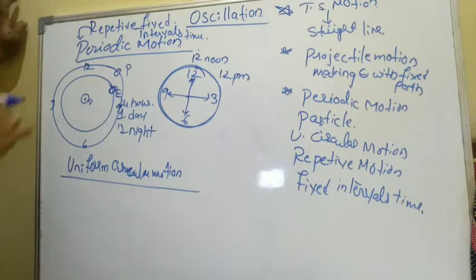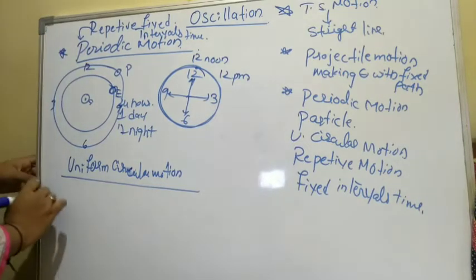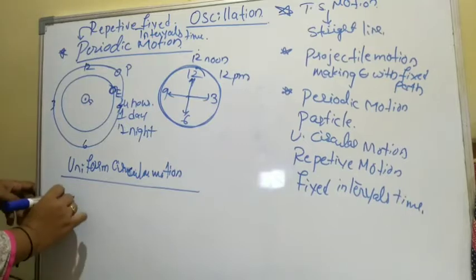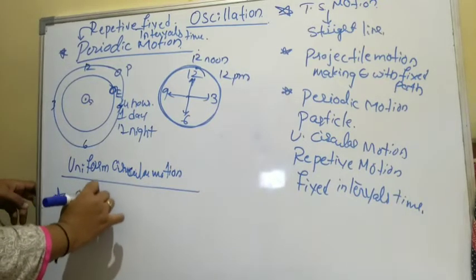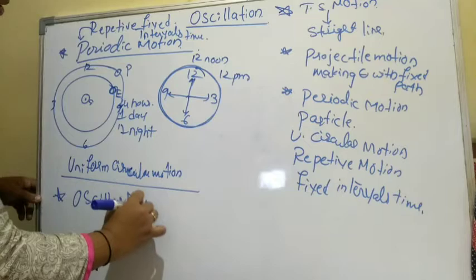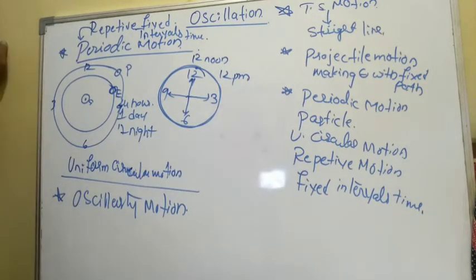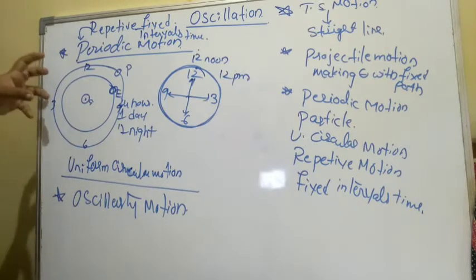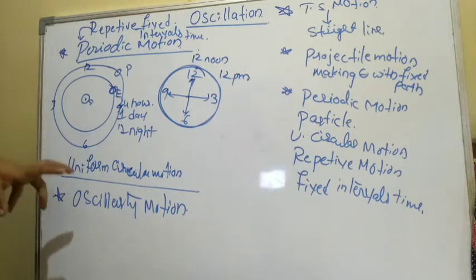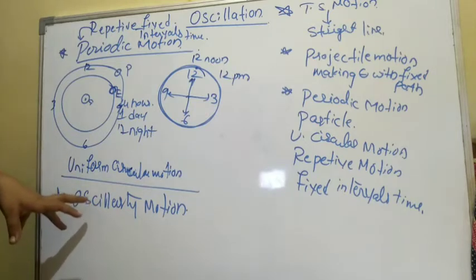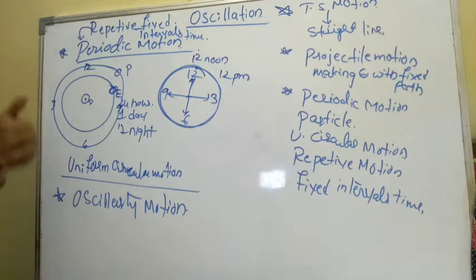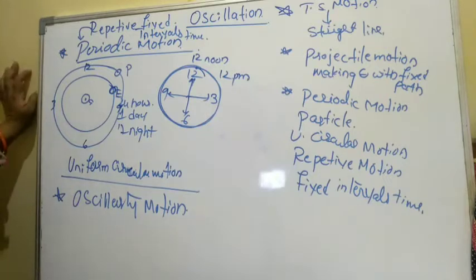Next we move on to a very important part of the oscillation chapter, which is oscillatory motion. What does oscillatory motion mean? When a body executes periodic motion, we said that it is repetitive. Such particles repeat in fixed intervals of time, but they are different in their functions.